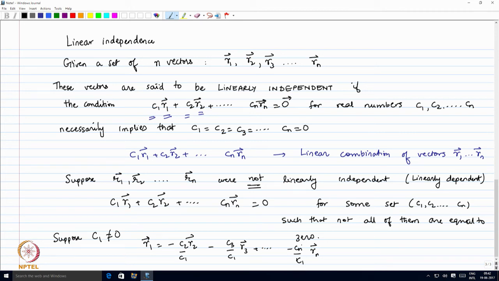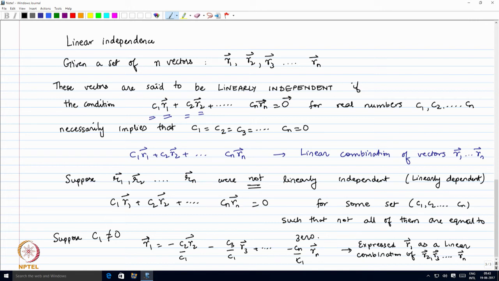So, what we did here is we expressed R1 as a linear combination of R2, R3 up to Rn. When vectors are linearly dependent, you can express one of them as a linear combination of the others.